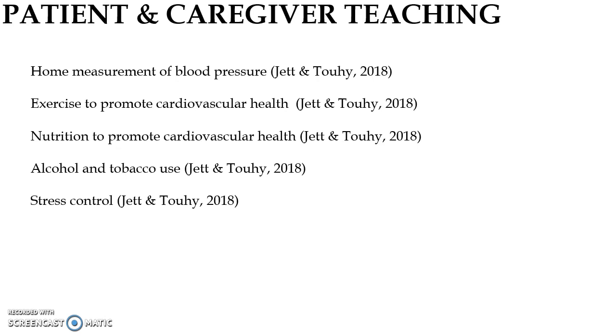They also need to know how to identify the things that cause them to stress and how they can avoid these things or control them. This is something that's very important, because if they're able to identify the things that stress them and they're able to learn how to control them, this can help them, in the long run, especially for our patients who have hypertension.